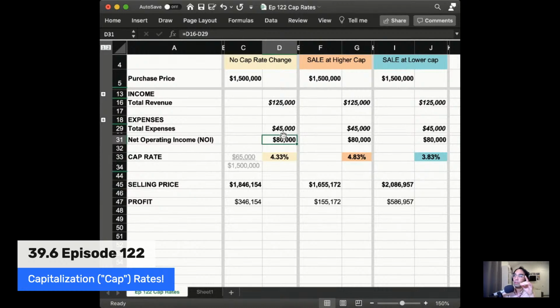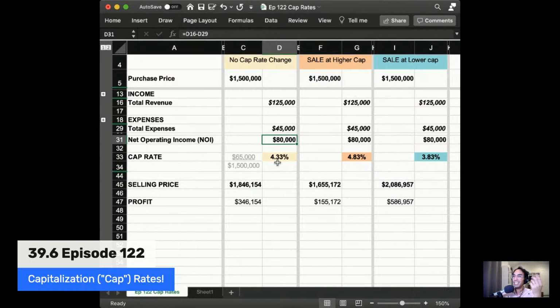So if we use our new value of $80,000 over 4.33%, ignore this box right here because that was the original price, $80,000 divided by 4.33% is now $1.846 million. So you've increased the value of the property by $346,000 by increasing your operating income by $15,000, because that $15,000 gets divided by 4.33%.